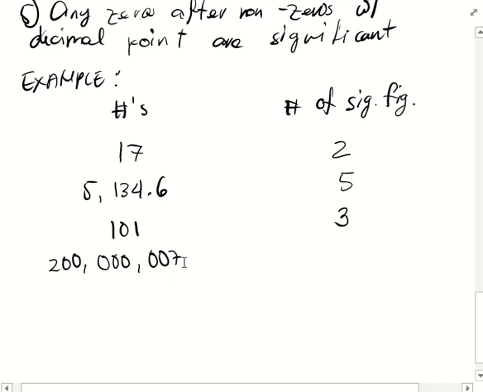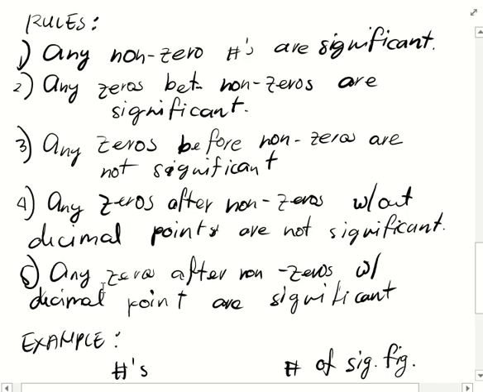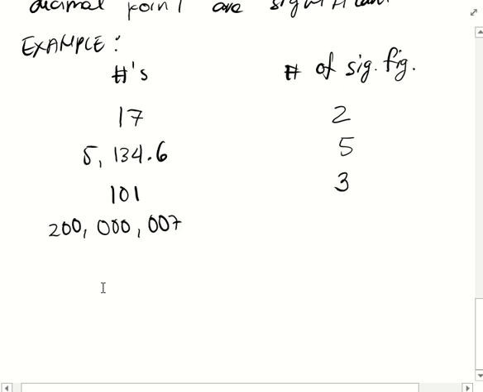Because they are in between 2 non-zero numbers, 7 and 2. So any zeros in between them are considered significant. What rule is that? Rule number 2. So how many significant figures are there? We have 1, 2, 3, 4, 5, 6, 7, 8, 9. So there are 9 significant figures.